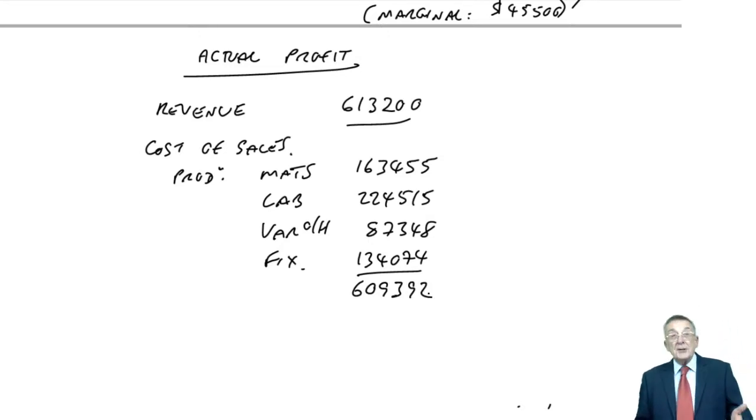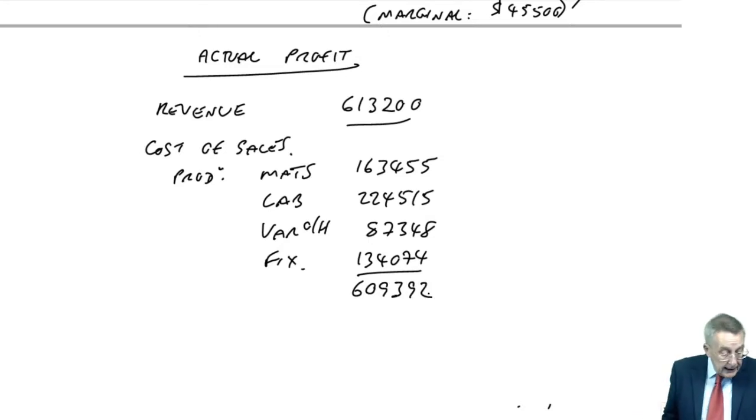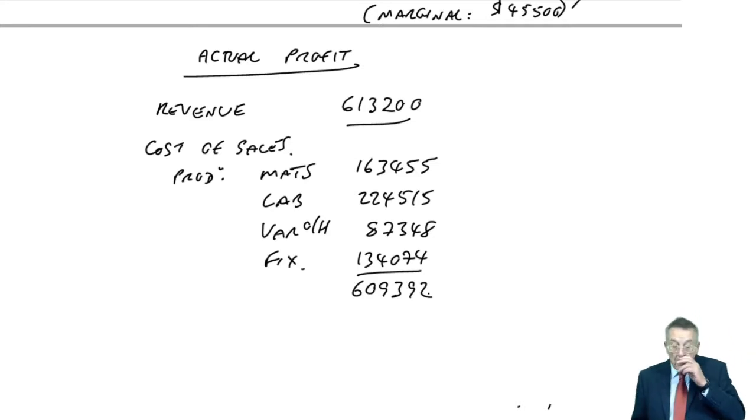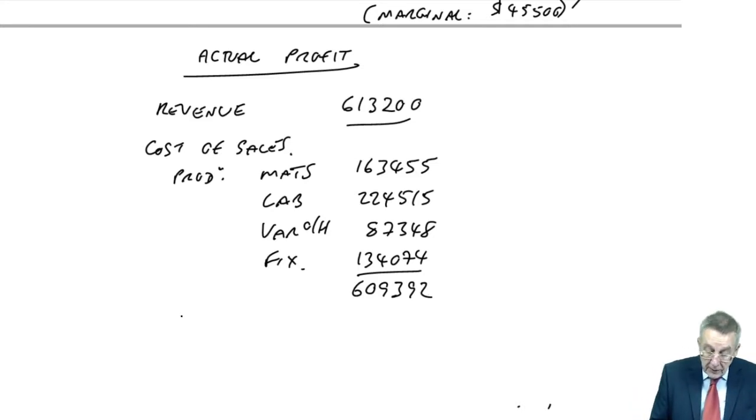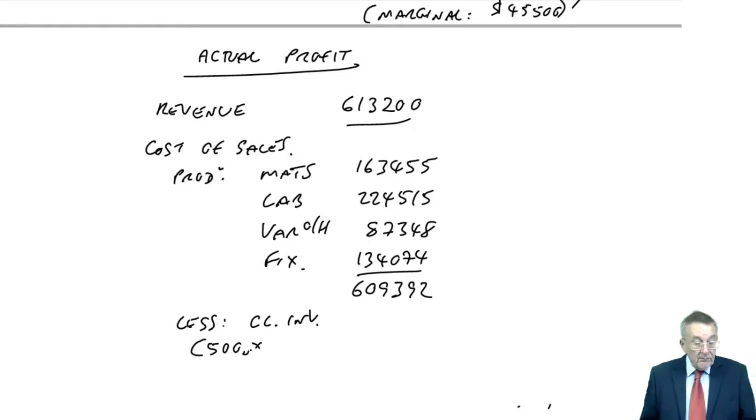609,392. That's the cost of the 8,900 we actually produced. To get the cost of the 8,400 we sold, subtract the closing inventory. There are 500 units in inventory. And as I said when we did marginal, in variance questions we always value inventory at standard cost.